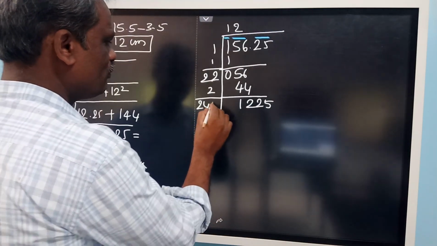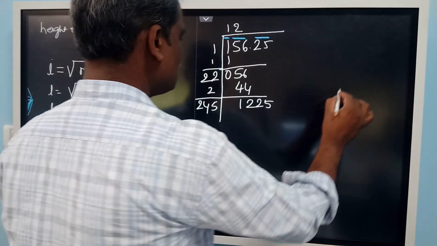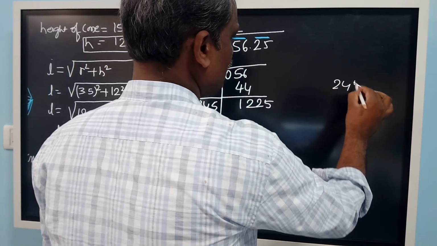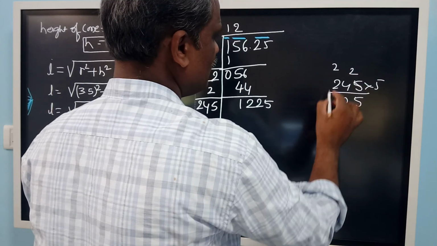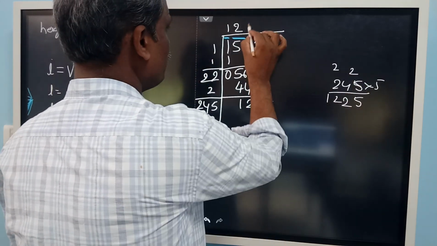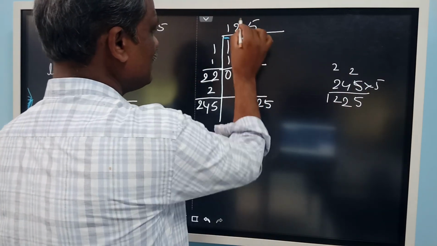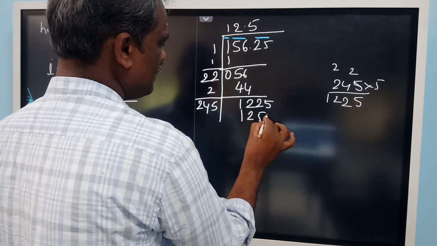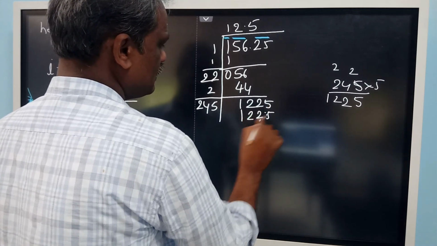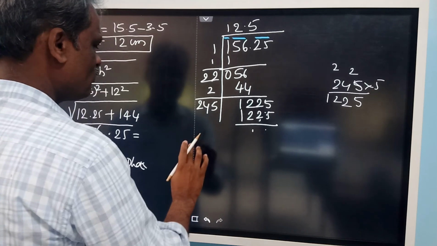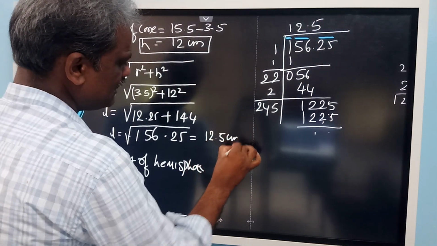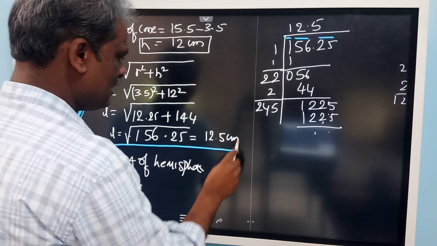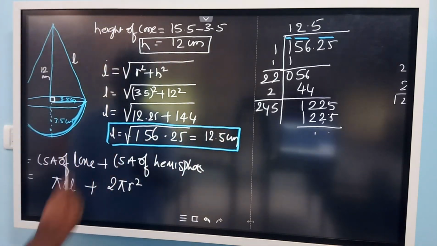If I put 5 here, 245 into 5 is 1225. Put the decimal point. The remainder is 0, therefore the square root is 12.5 centimeter. So we got the slant length as 12.5 centimeter.